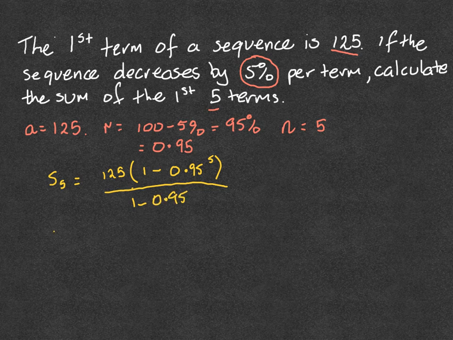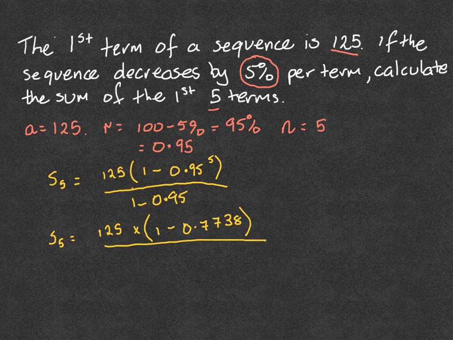And when we expand that out a little bit more, the sum of the 5th term is equal to 125 times 1 minus 0.95 to the power of 5. So 0.95 to the power of 5 is 0.7738. And that's all over 1 minus 0.95, which is 0.05.